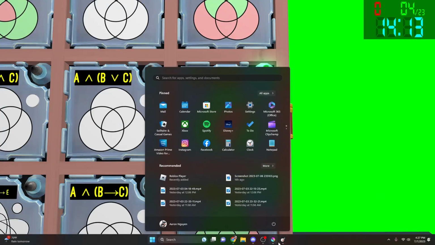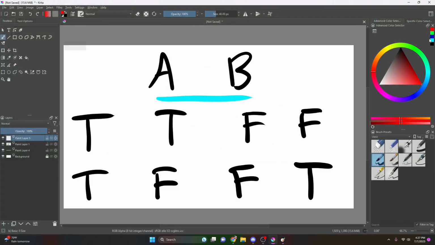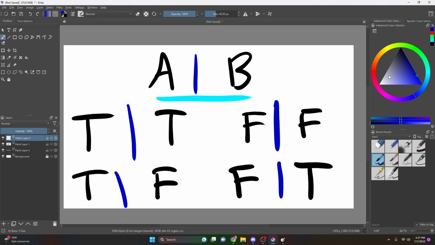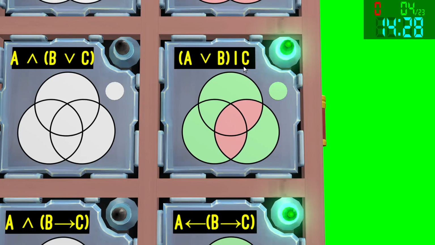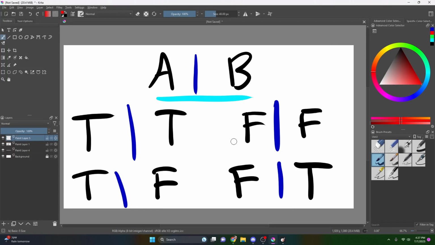So what did we just do there? This is the operator. Now, when we selected all the ones where the right side was false, we got rid of, or no, let me use a check mark because it was true.